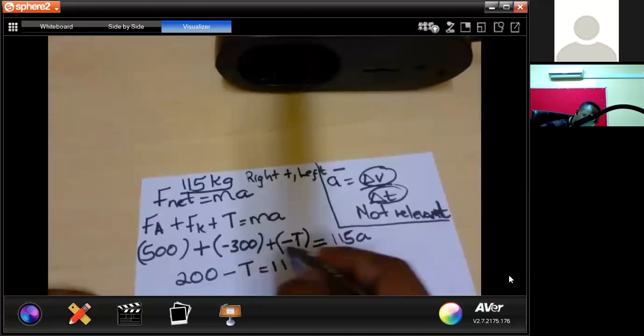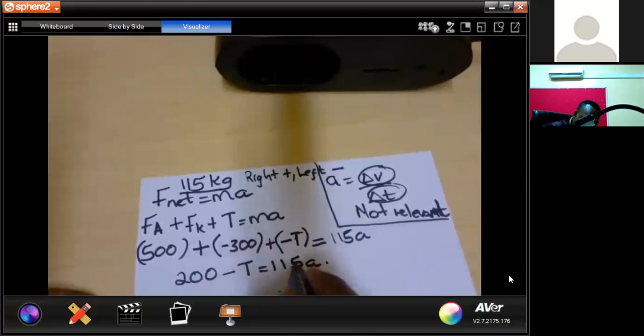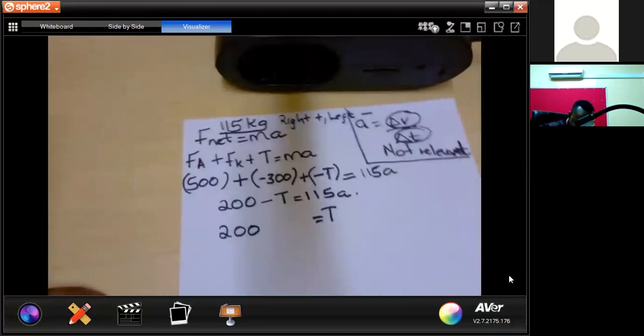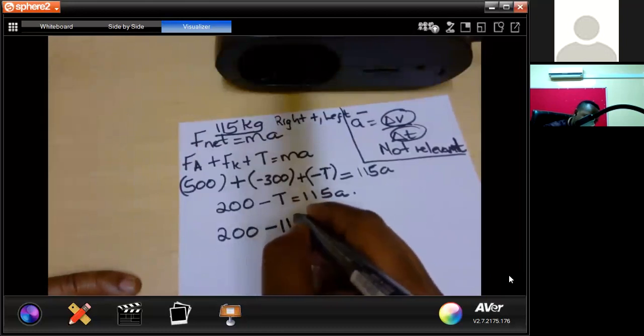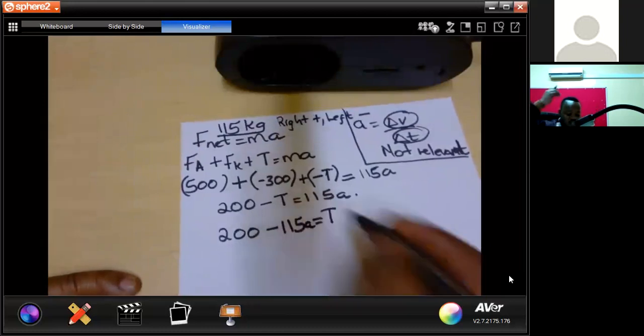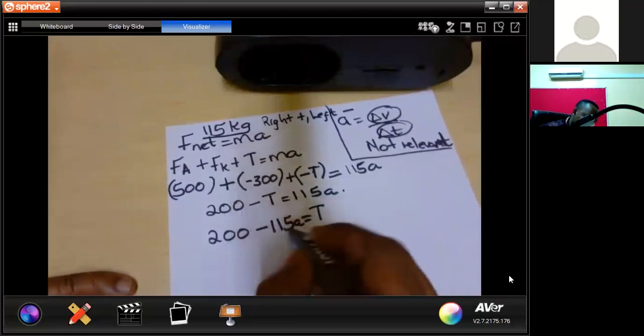If I take the tension to the right, the tension will now be positive. And on the left, I'll still be left with the 200. If I bring the 115A this side, it will become negative. So it will be minus 115A. Then we can see there are two variables that I do not know.